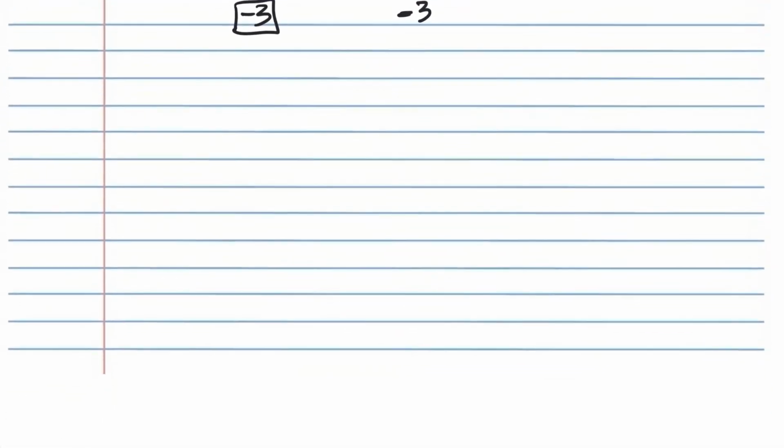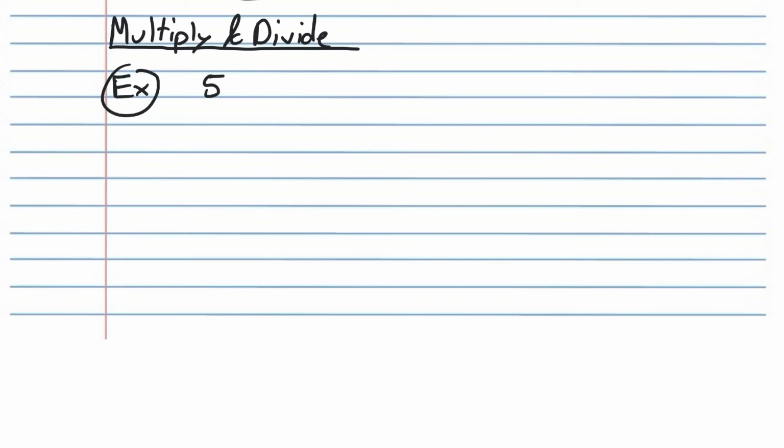Multiplying and dividing is actually easier. Okay. So for multiplying and dividing, kind of the same rules apply, except the symbols don't have to be consecutive. So in other words, a question could look like this, where it's 5 times a negative 3. Okay, so we have a positive number times a negative number, and that same chart still applies.